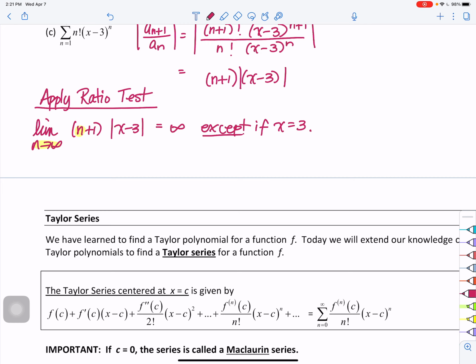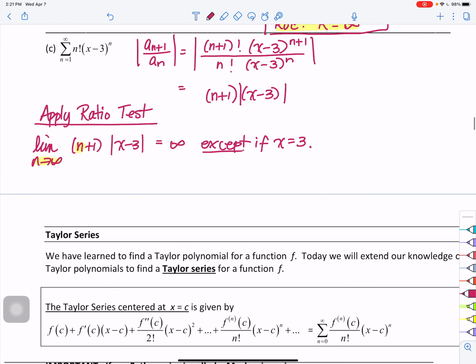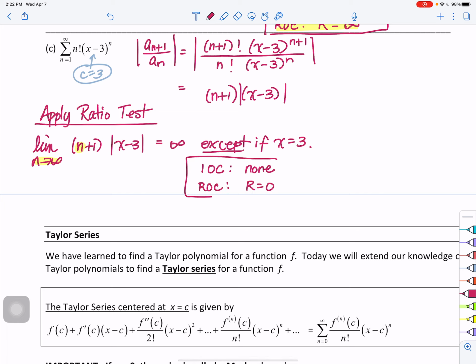We only converge at the center. You can see that this is the center of this power series, and we will converge only at its center. So the interval of convergence is none, and the radius of convergence is 0.